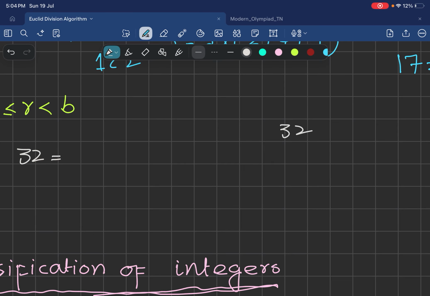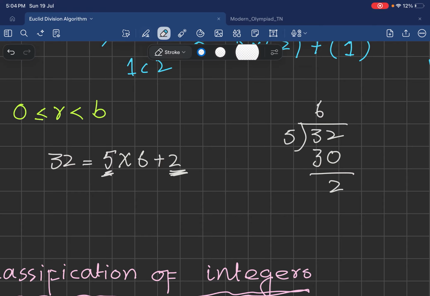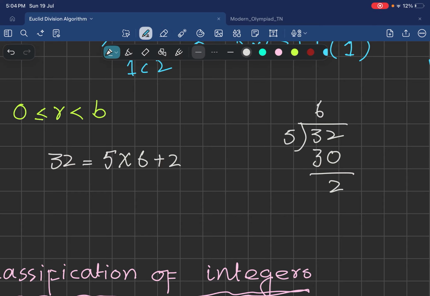Let's try dividing by 5. 5 6s are 30, and then you get a remainder of 2. So you could write it as 5 times some quotient, which is 6 here, plus some remainder, and that remainder is greater than or equal to 0 but less than 5. This is how the Euclid division algorithm works.